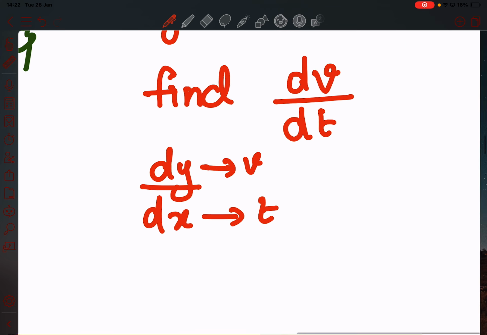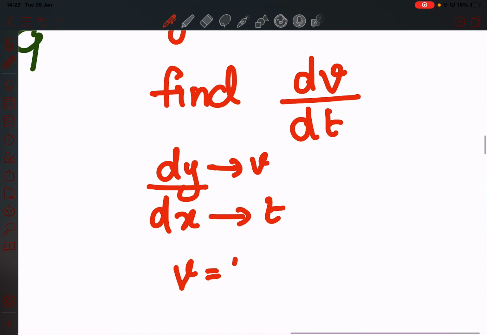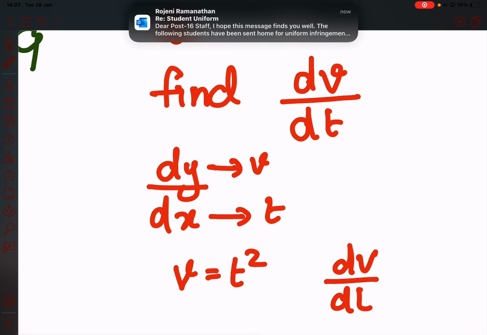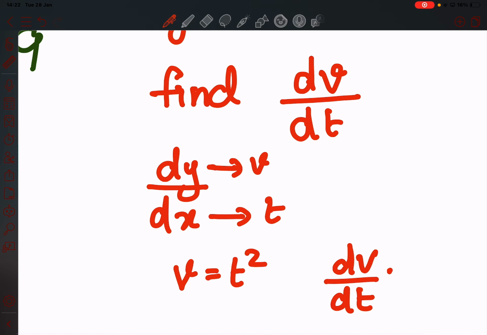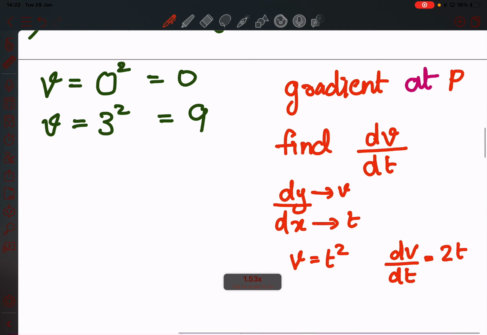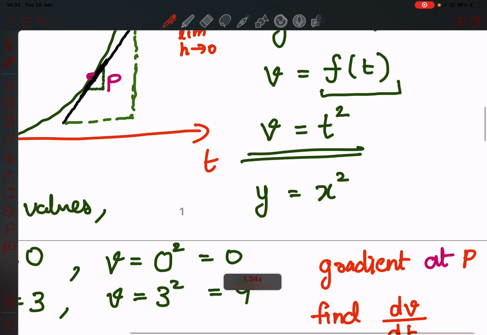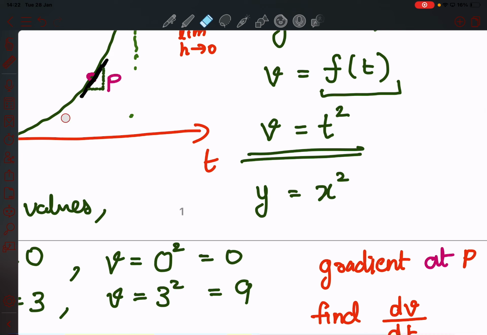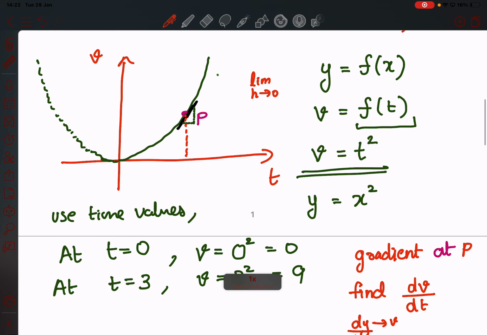So if I have v equals t squared, dv over dt would be equal to 2t. And then let's say if I go back to my picture and I say the point P has a time value of, let's say, 3 seconds.